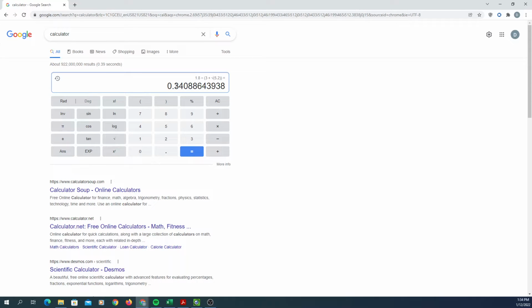You can see that the answer is a little more complicated than that, but it's about 0.341. Now, let me just say, a lot of you have fancy calculators where you just press a little fraction button, and actually, let me show you what I'm talking about.